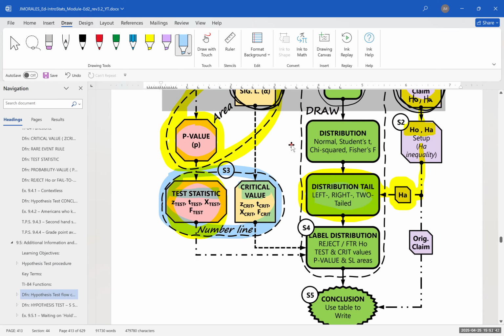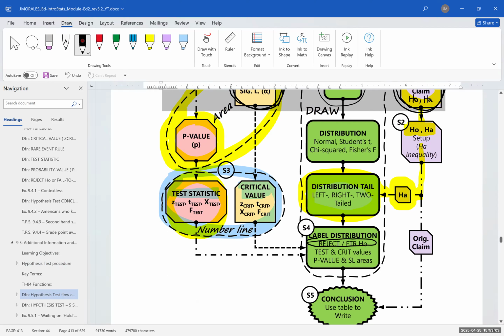And either comparing area or critical values and test statistics, that will tell you whether to reject or fail to reject the null hypothesis.